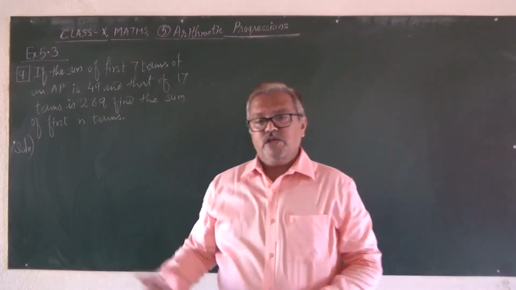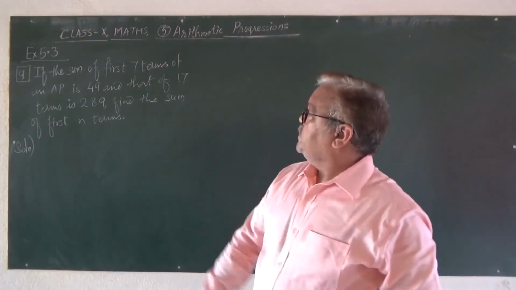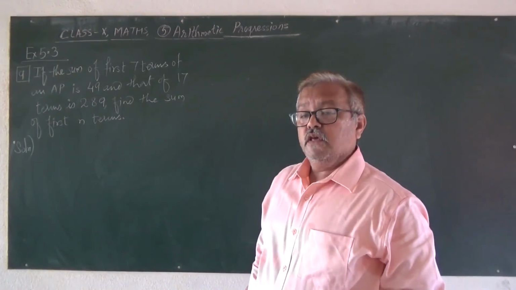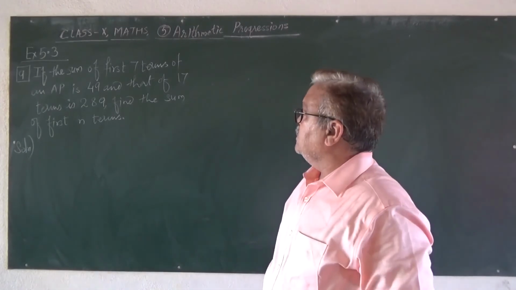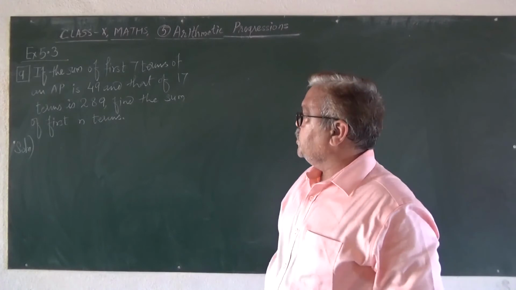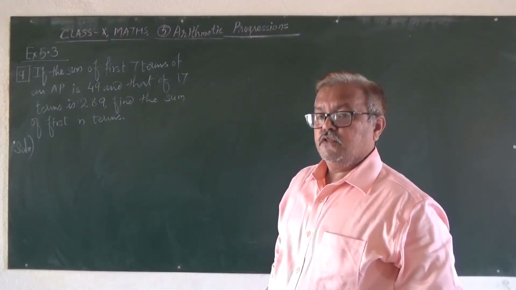Let us see question number 9 of exercise 5.3. The sum of the first 7 terms of an AP is 49, so you can say S7 is 49, and that of the first 17 terms, that is S17, is 289. Find the sum of the first n terms.